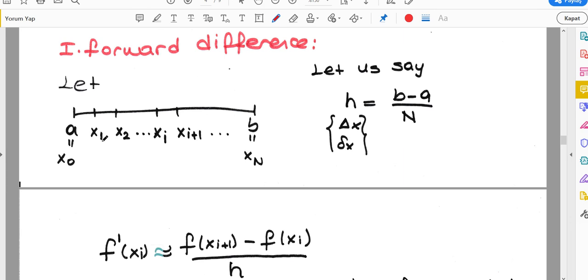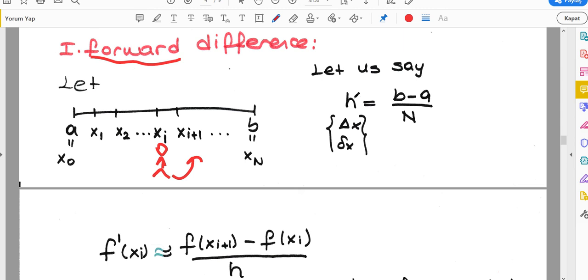Forward difference means that, look here, you locate yourself at the xi node. I am now on the xi node, and because of the forward, you can understand from the name, forward means use your future. So the future approximation corresponds to going forward.